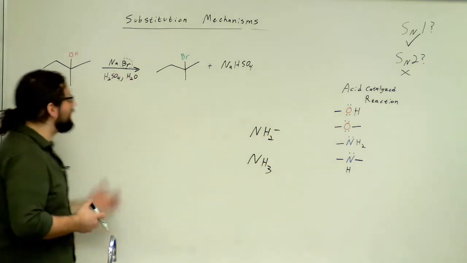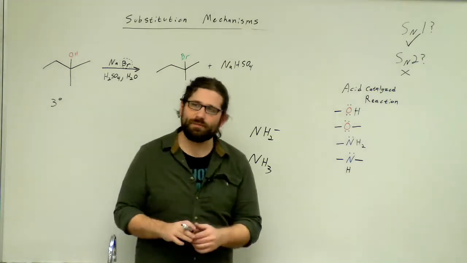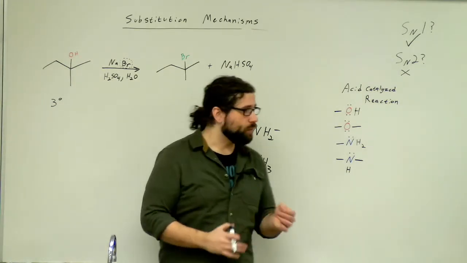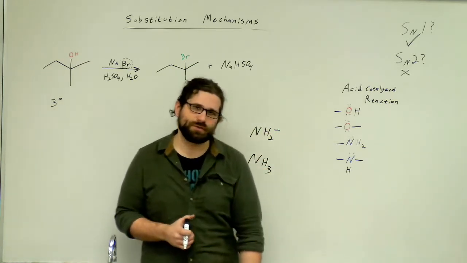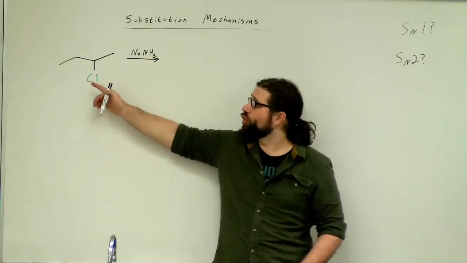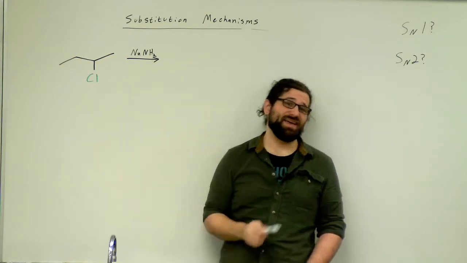So that's why this acid catalyzation exists. So we're going to need to keep that in mind. Anytime you see sulfuric acid as part of your solvent, you're going to have an acid catalyzation on one of these functional groups. Okay? All right, next I have a chlorobutane being reacted with sodium azonide.